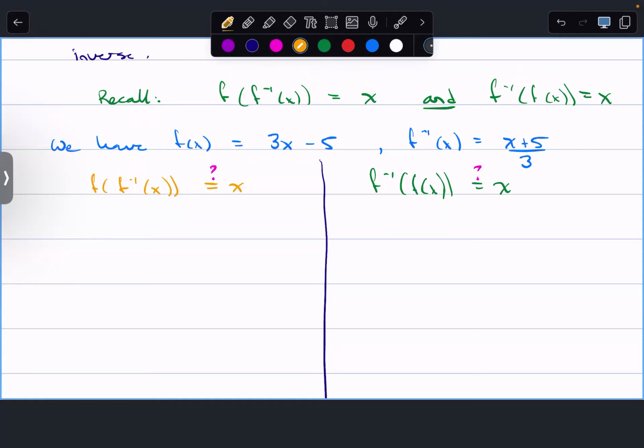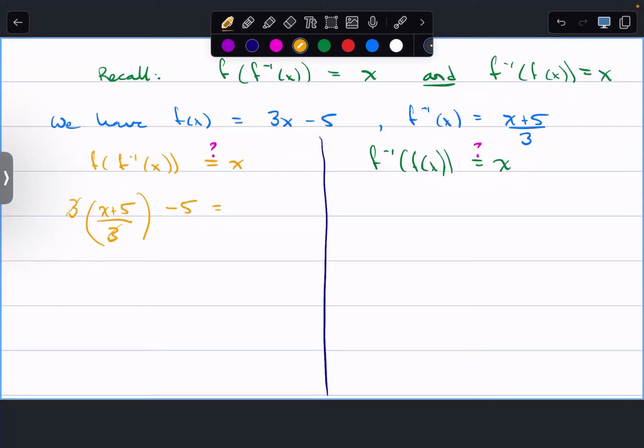So we get 3 times x plus 5 divided by 3, minus 5. What's nice is we're going to see that these guys cancel, right? 3 over 3 is going to cancel.